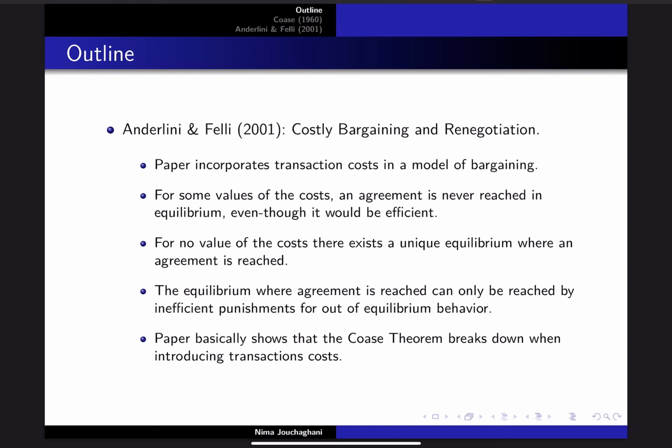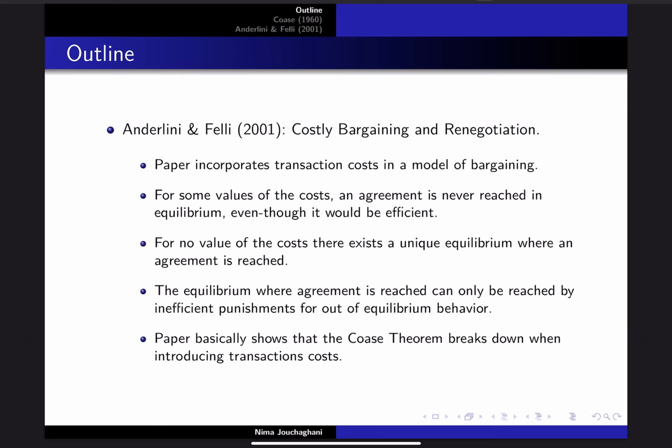And in addition, for no value of costs does there exist a unique equilibrium where an agreement is reached. This means that if we find some values of transaction costs where we find an equilibrium where an efficient agreement is reached, it's never unique. For those values of the cost, there are also other relevant equilibria simultaneously in the model as a prediction. And that's an issue because there is no reason why you should see one of the equilibria over the others.